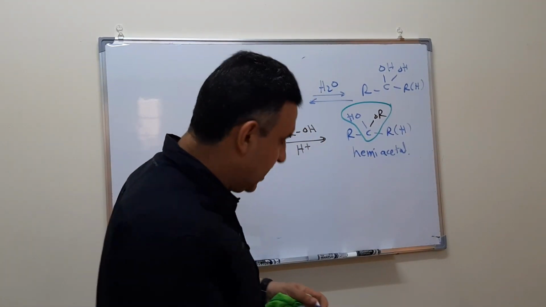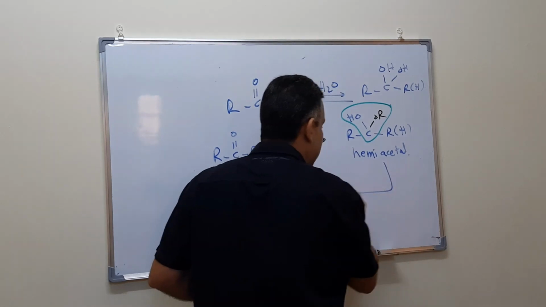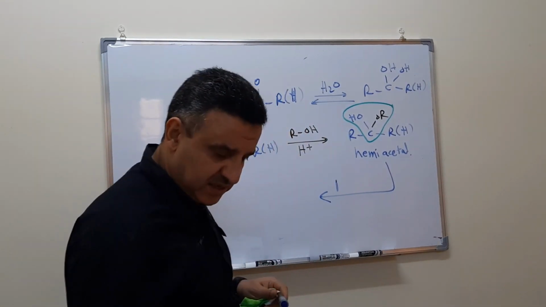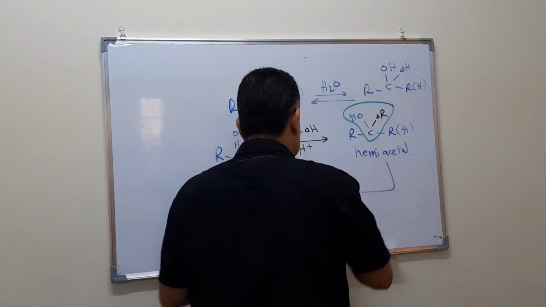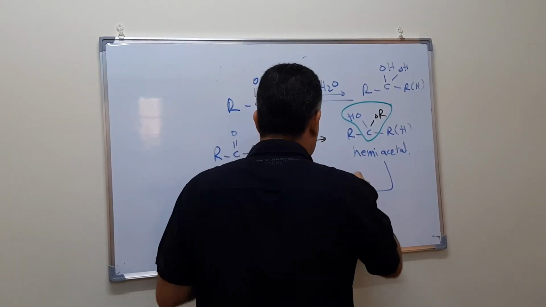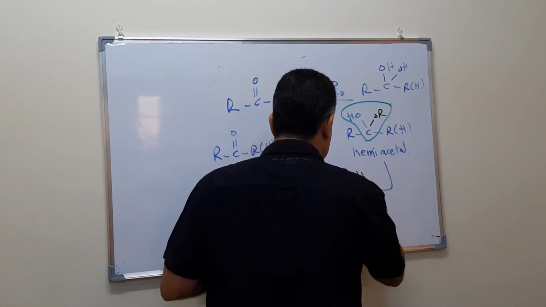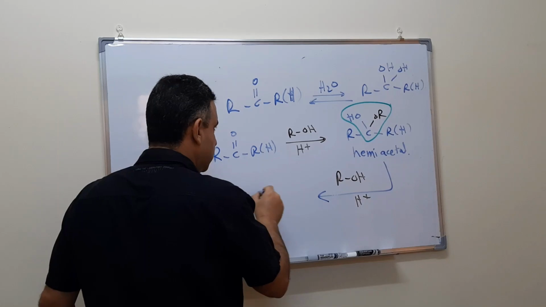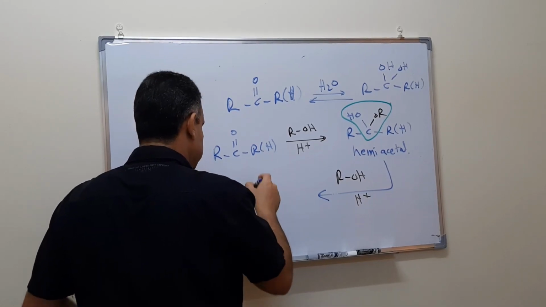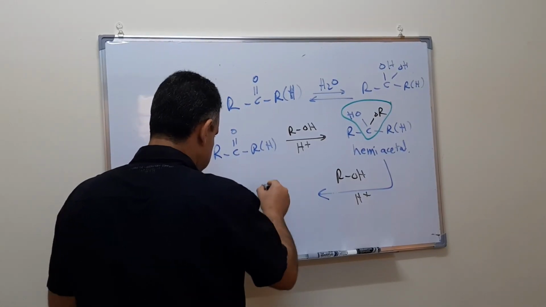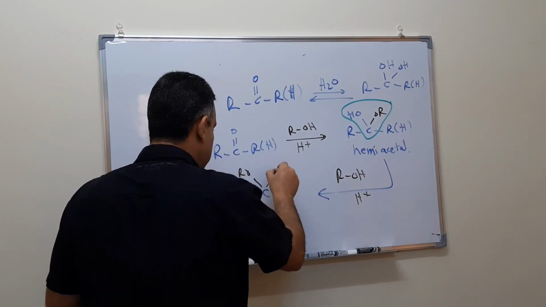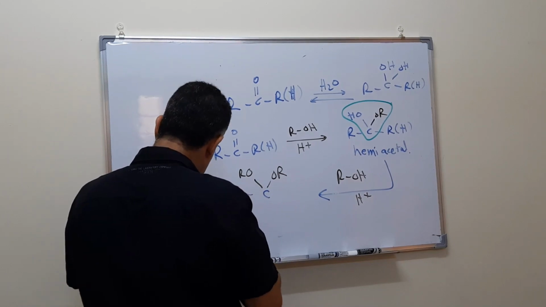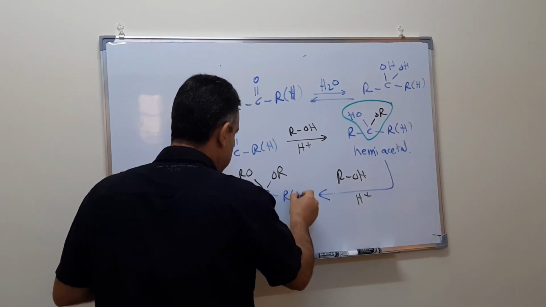Now, if we allow this hemiacetal to react further with another mole, I'm just going to use again a different color, so another mole of alcohol in the presence of H plus, what we are going to end up with is C, OR, and then OR.